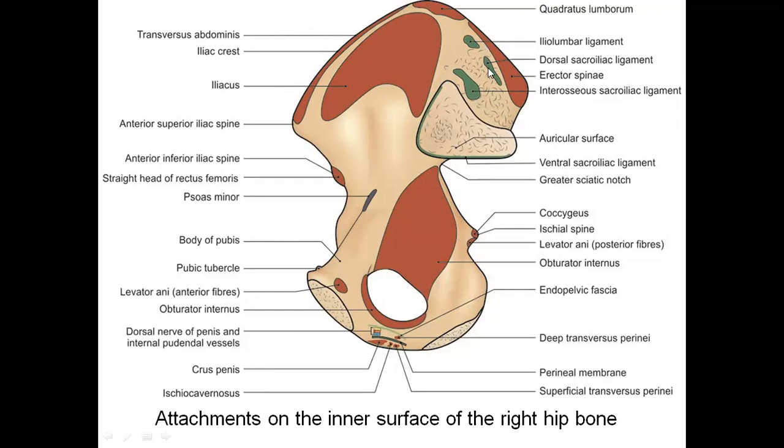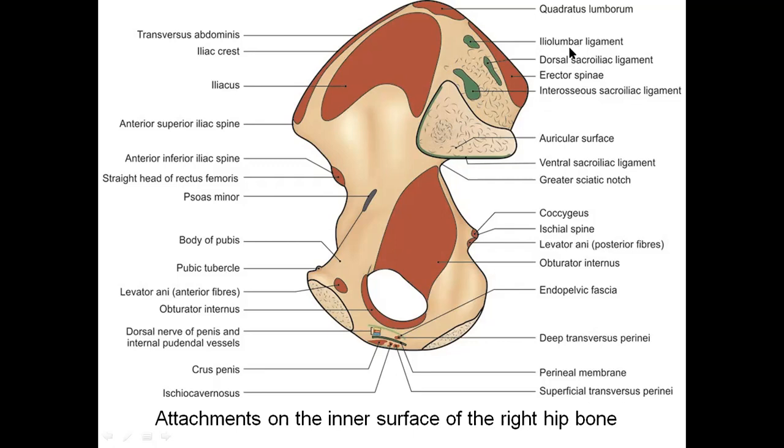So the ligaments which are attached on the sacropelvic surface, this rough area, that is the iliac tuberosity, and this is the auricular surface. Here you will see the connections of the sacrum bone and the ilium part of the hip bone. These connections are via ligaments. What are the various ligaments we find here?